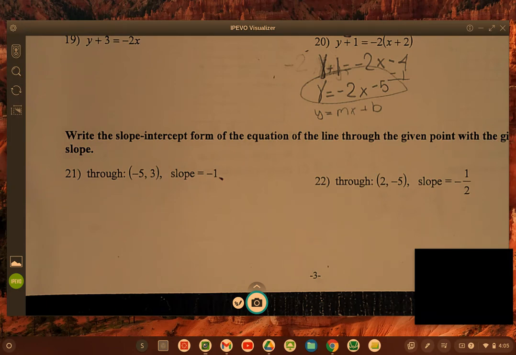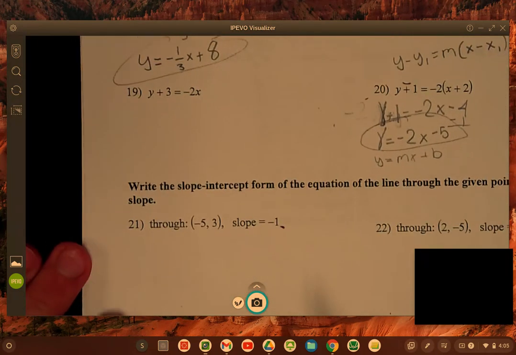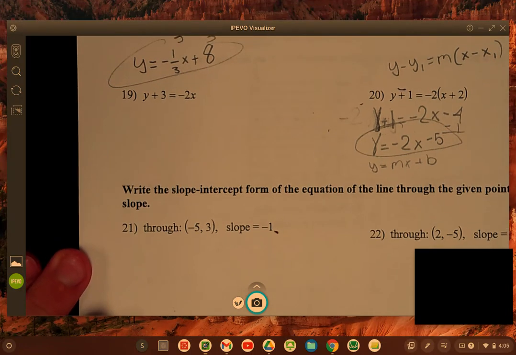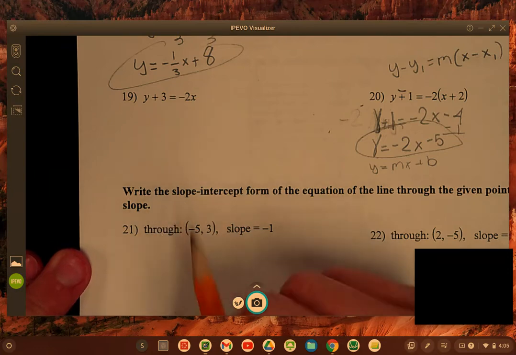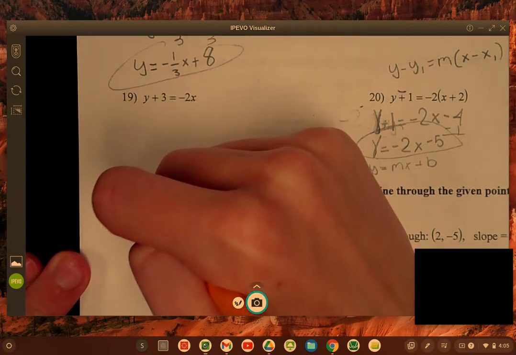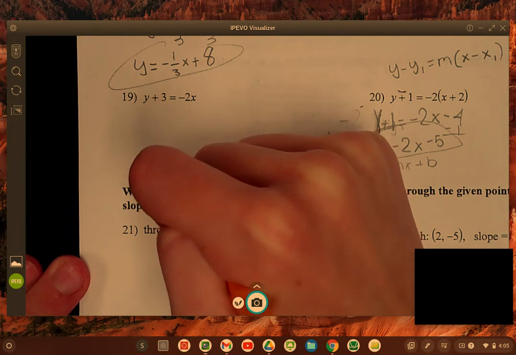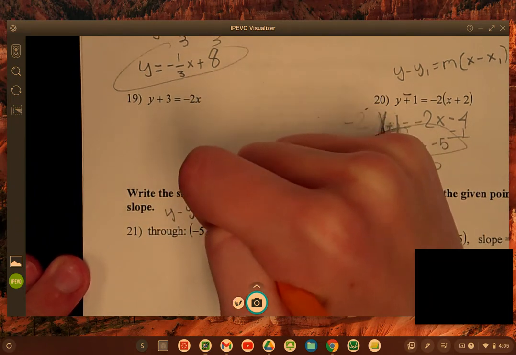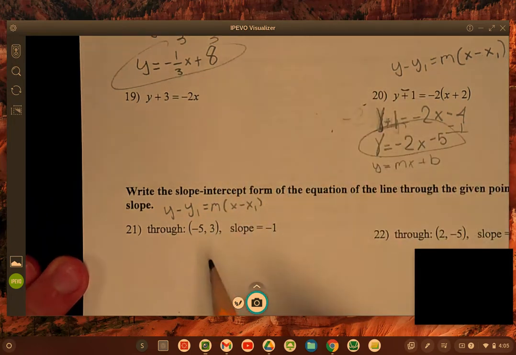Point and slope. Is it point slope form? Point slope form. You get to choose if you want to do number 21 or 22. I'll do number 21 because it has a nice number. Yes, it does. I like that. So point slope form is y minus y sub 1 equals m parenthesis x minus x sub 1. So we're going to have to plug that in.